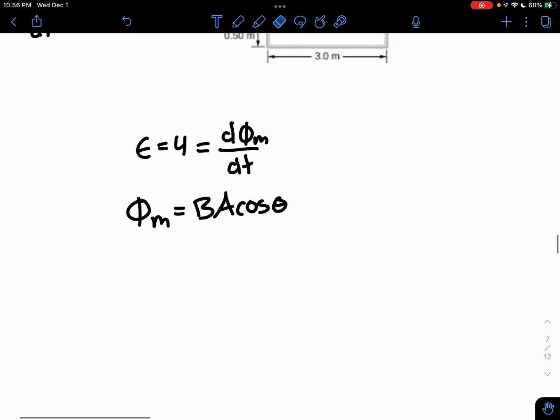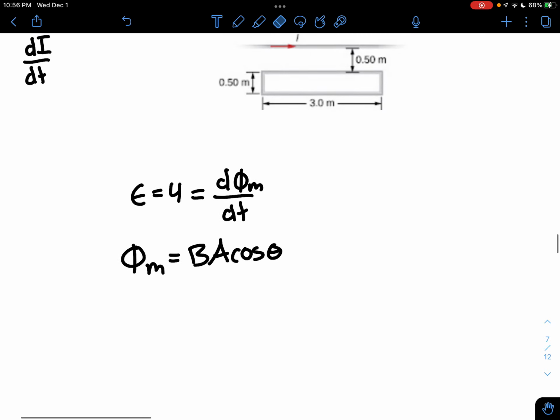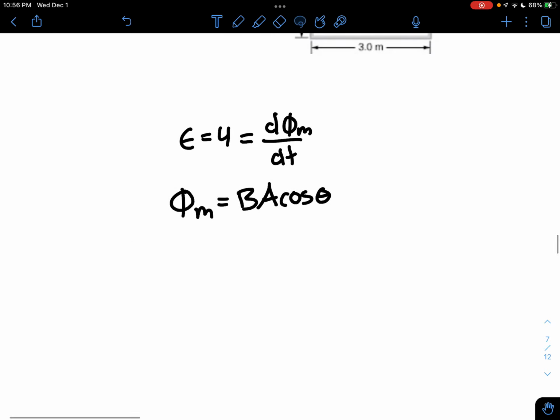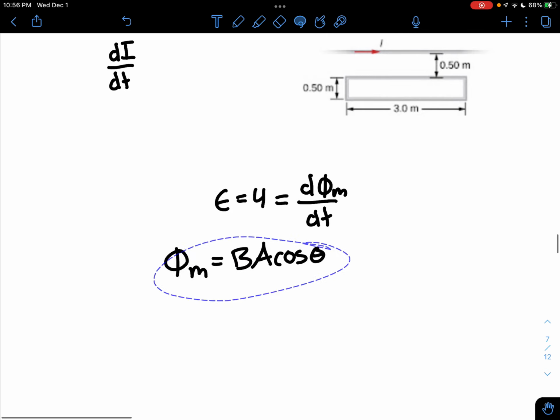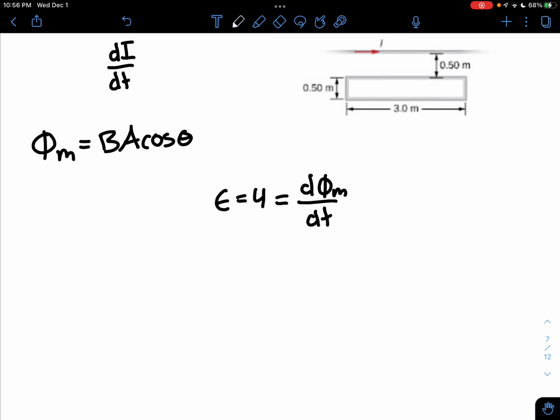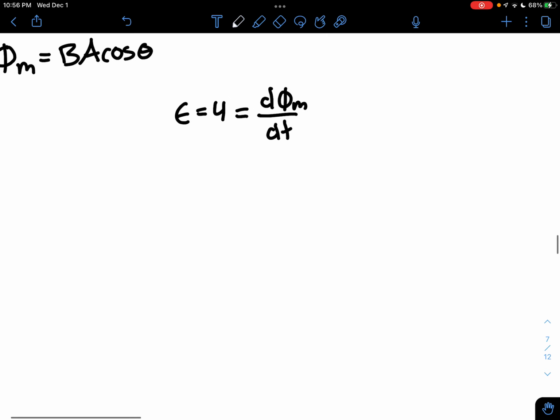Since our magnetic field changes, we can't use this equation anymore, so I'm going to set this one off to the side. We have to go back to our definition for magnetic flux that's given in the textbook. Our magnetic flux is going to be the integral of B dot dA.